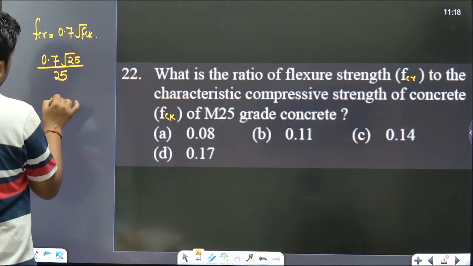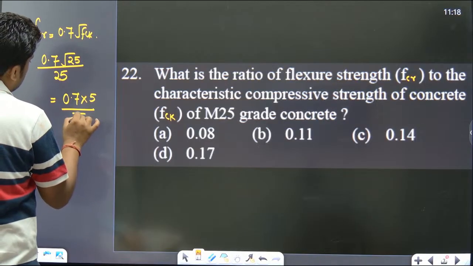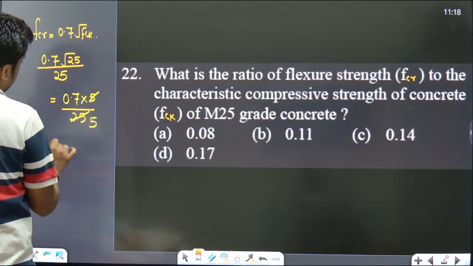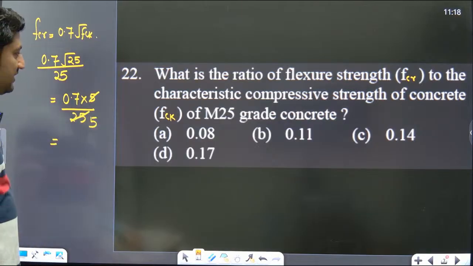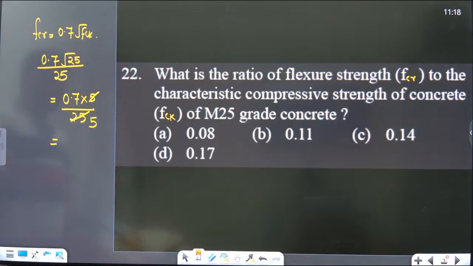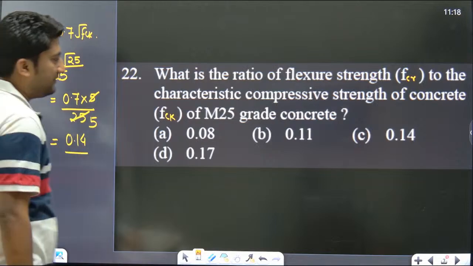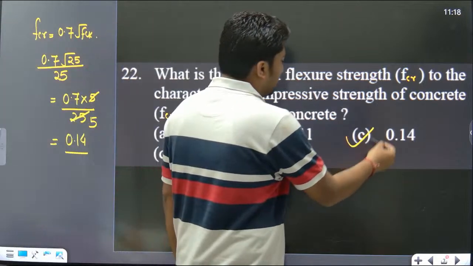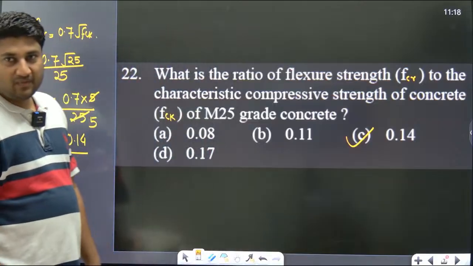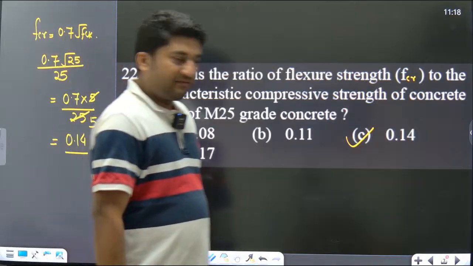So this is nothing but 0.7 into 5 upon 25, which is 0.7 by 5. So it will be less than 0.7. So 0.7 divided by 5 is 0.14. Option C is the correct answer. Understood everyone? We'll move ahead with the next question.